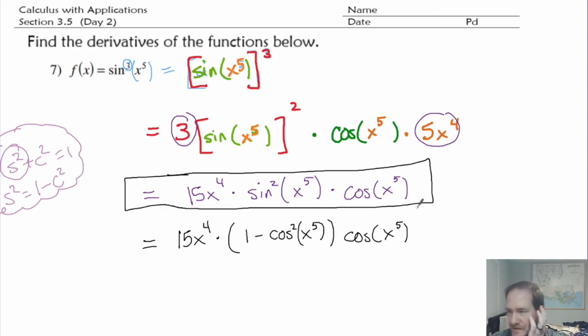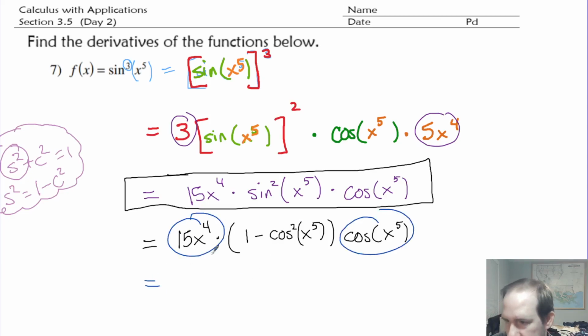Now this doesn't look like much, but from here I could distribute everything in. So I'm distributing in the 15x to the fourth and the cosine. When I distribute both of those onto the 1, I get 15x to the fourth times the cosine of x to the fifth.